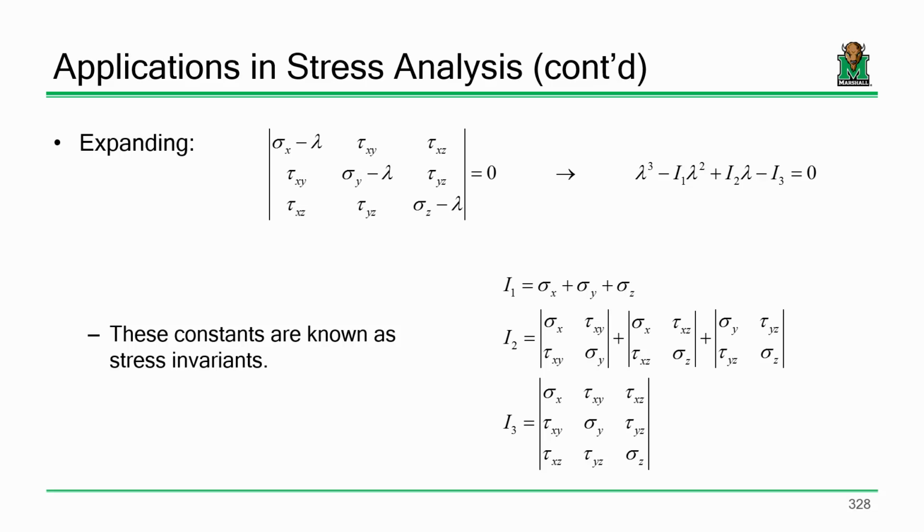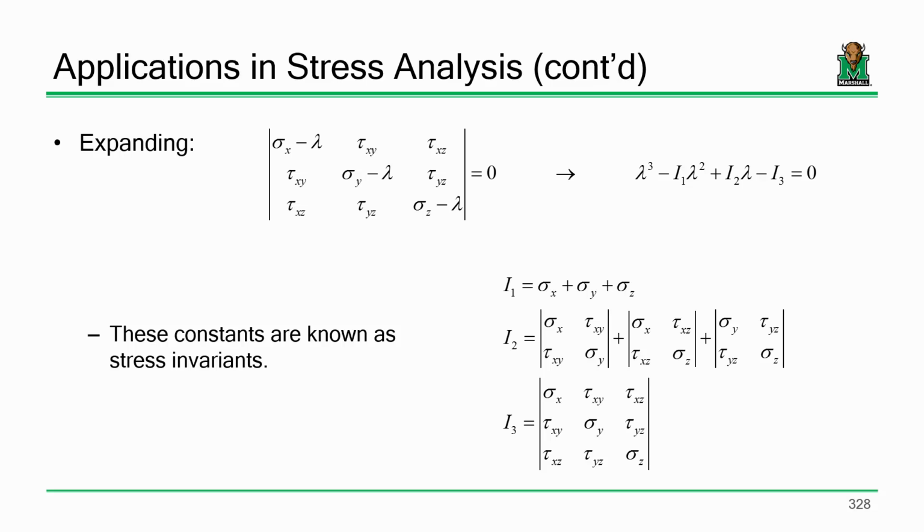There are these terms, I1, I2, and I3. They are known as stress invariants, and they're basically just a way for you to simplify that cubic equation. Because remember, we're going to take these two columns, put them over here, sum them up, sum them up, and take the difference.